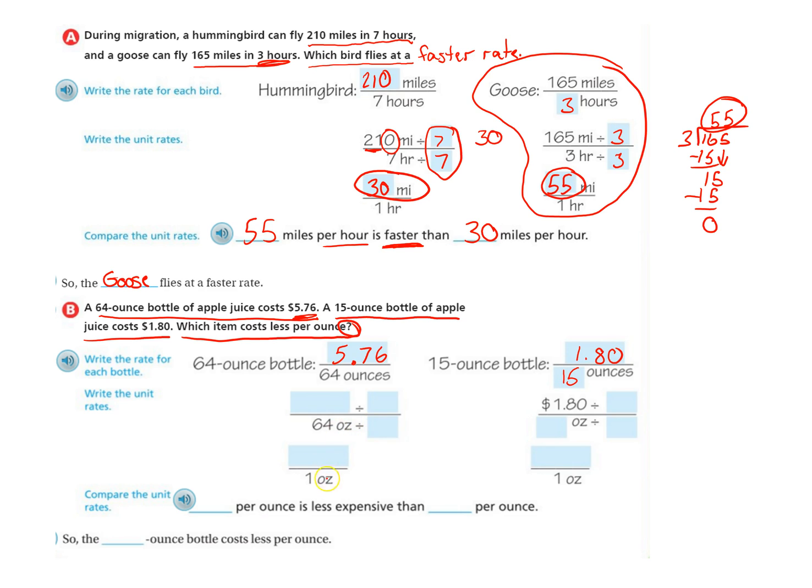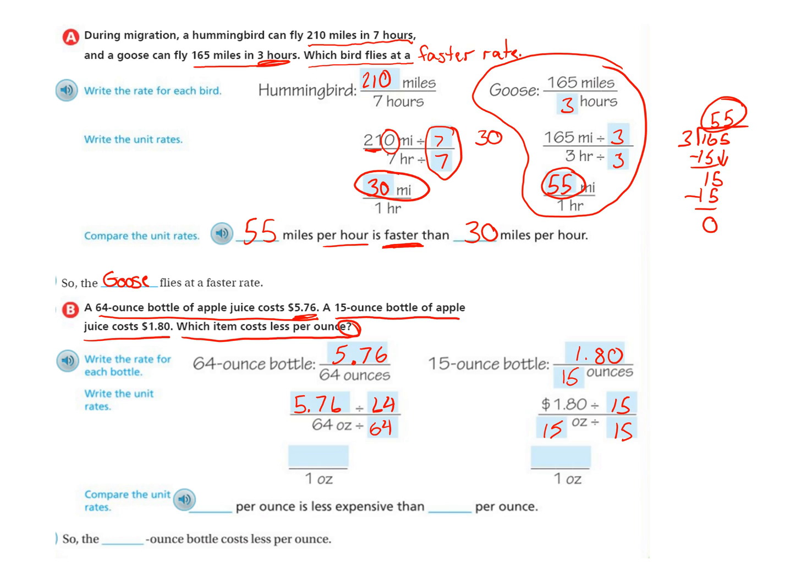So we want to get 64 ounces to 1 ounce, so we're going to divide both by 64. Again, we want to get the 15 ounces down to 1 ounce, so we have to divide 15 by 15 to get the 1. And I also have to divide $1.80 by 15.